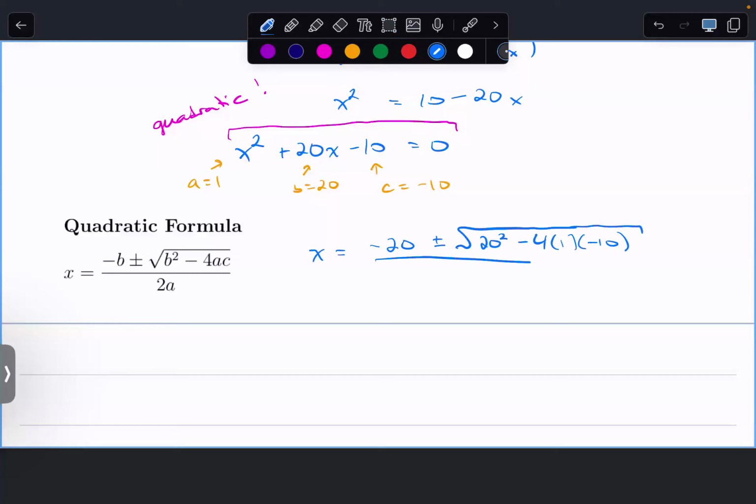It's important that you have that negative on there over 2 times 1, because otherwise we could run into some trouble. Can't take the square root of a negative number.